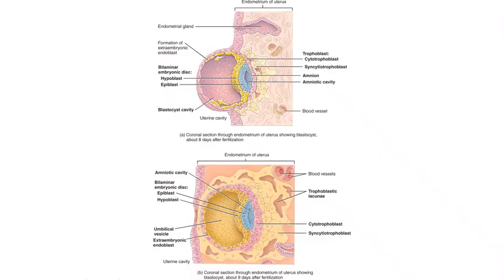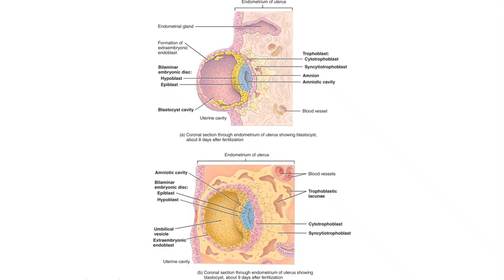Now, it also protects the embryo from the immune response. It secretes proteins that block antibody production by the mother. It promotes the production of T lymphocytes that suppress the normal immune response, and it also produces hCG, an important hormone for pregnancy. The inner layer of this eventually fuses with the amnion.